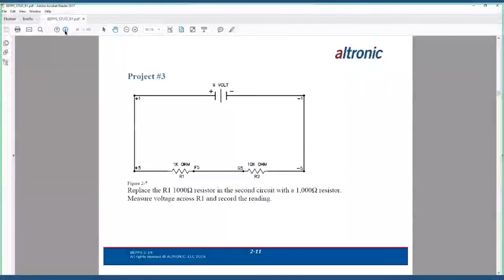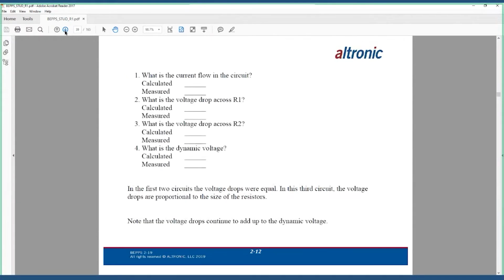Here we are, back to our original one. Okay, so we know that our amp draw is 0.00081 amps. Now what we want to do is redouble check what our voltage drop is across resistance 1.